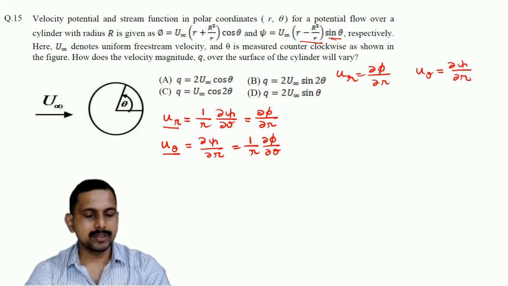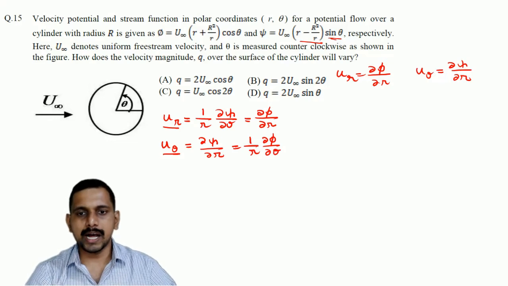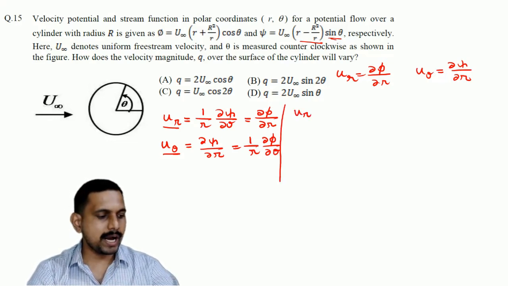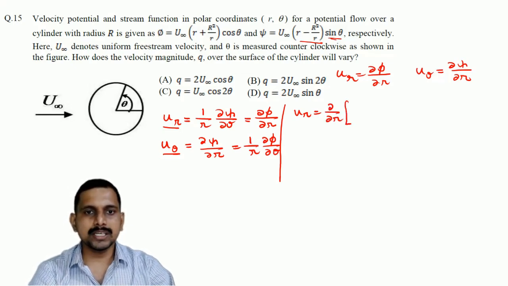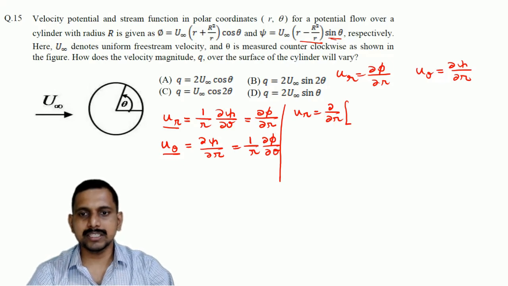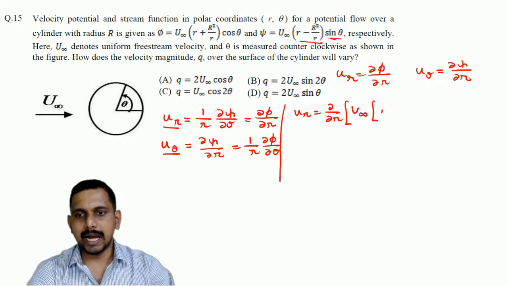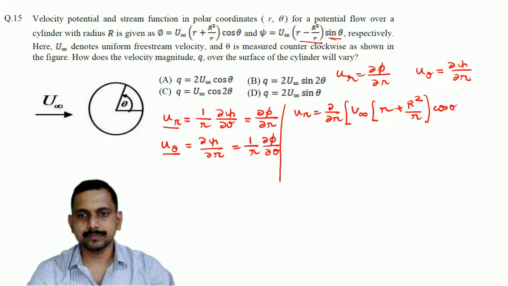Let us do that. So first of all, u r is equal to dou phi by dou r. So dou by dou r of what is phi? Phi is given as u infinity into r plus R square by r into cos theta, correct?